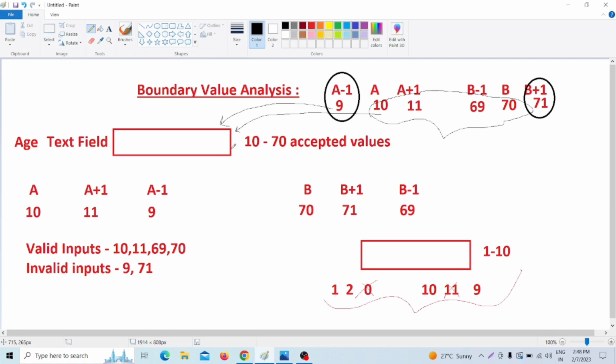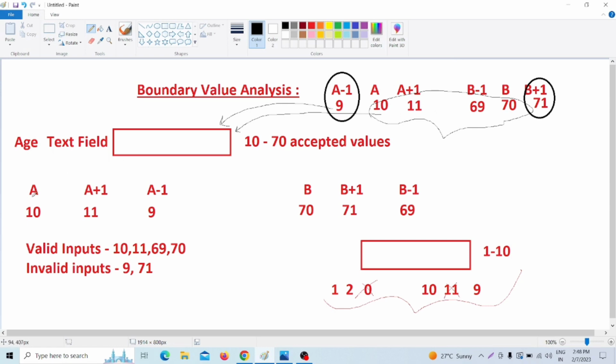Whenever there is some digit validation or digit ranges, we will follow boundary value analysis. And also in boundary value analysis, we will get 100% test case coverage, because here we are getting some negative data as well as some positive data.